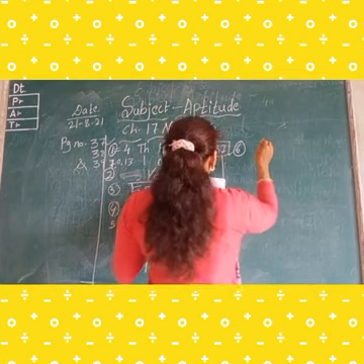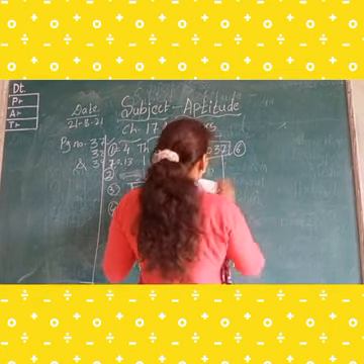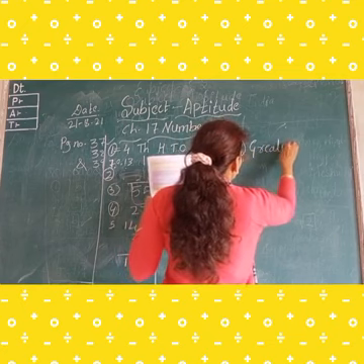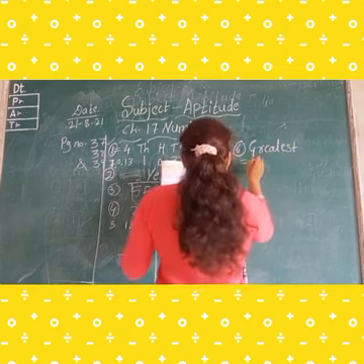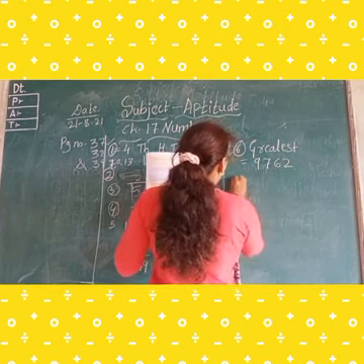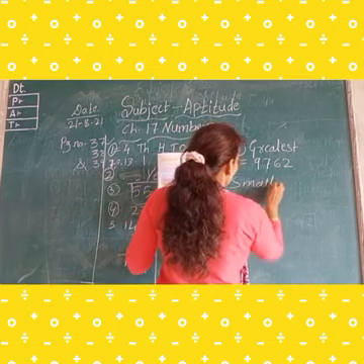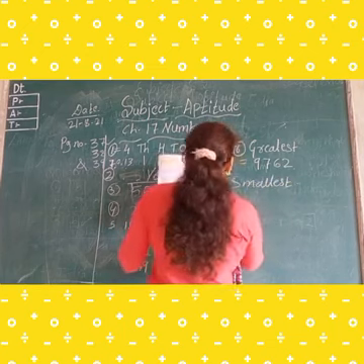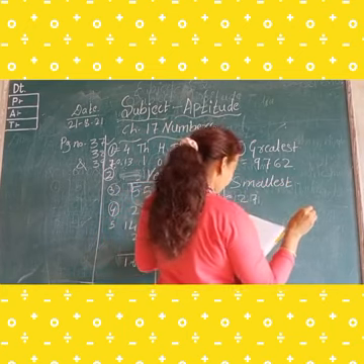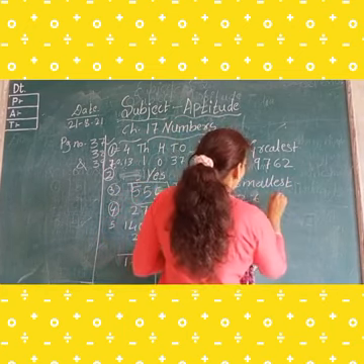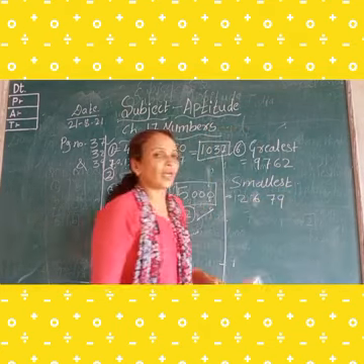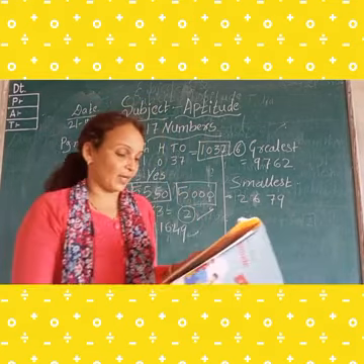First we write the greatest number, 9762, and the smallest is 2679. We have to get the difference between these numbers.